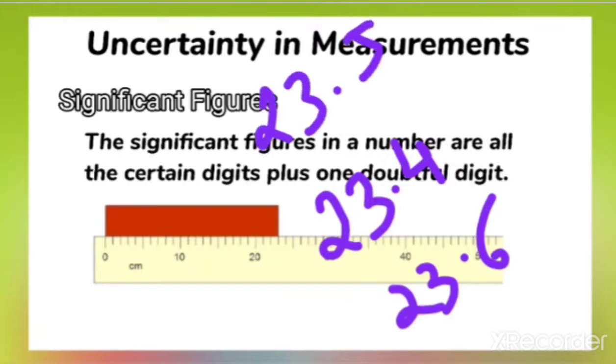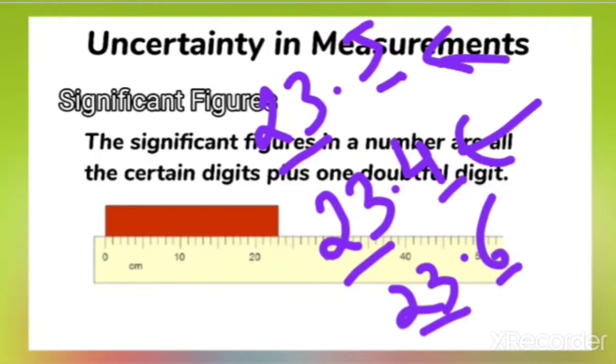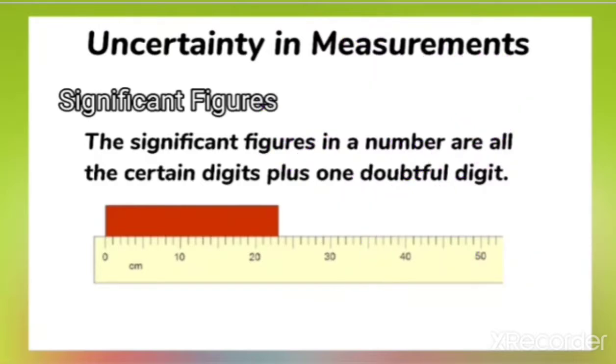So by this scale we are able to make sure only that the starting numbers are right, but the first place in the decimal point is a guess. That is the doubtful digit. So significant figures can be defined as all the certain digits in a number plus one doubtful digit.